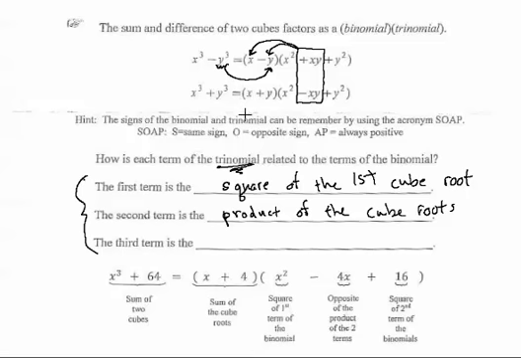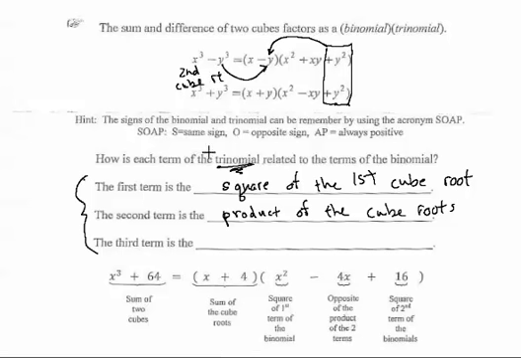So the third term of the trinomial is a y squared. How did we get the y squared? We simply took this y and we squared it. And this y is the second cube root.